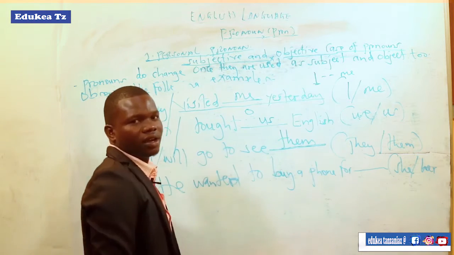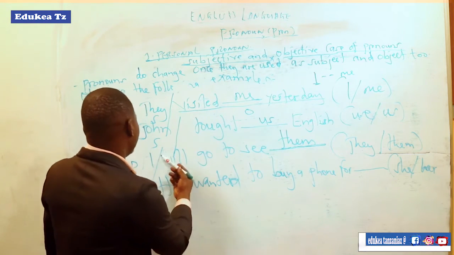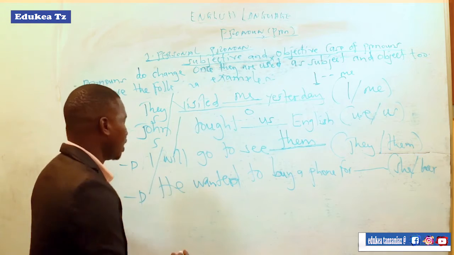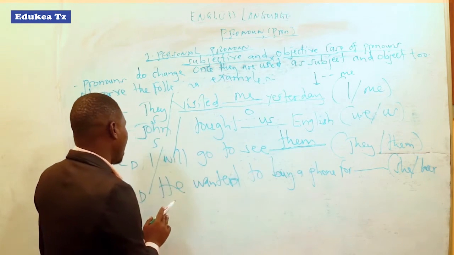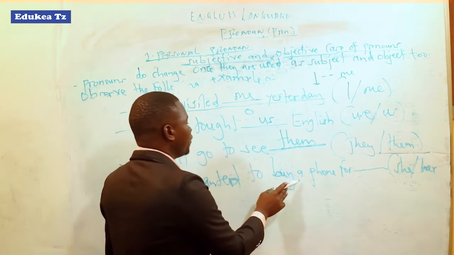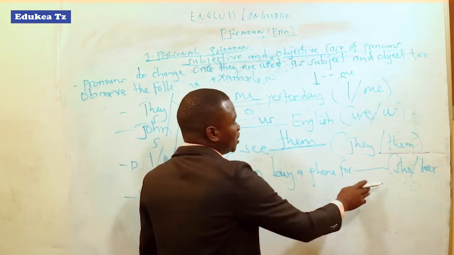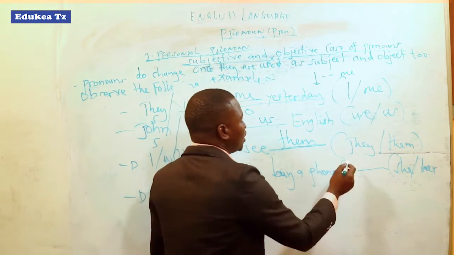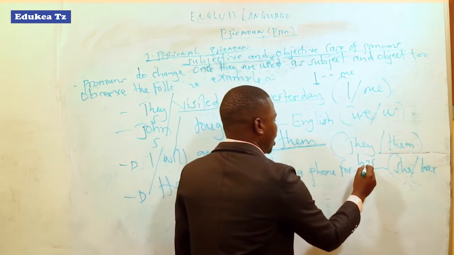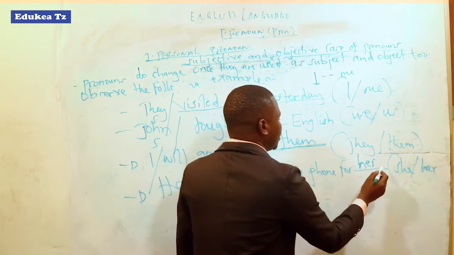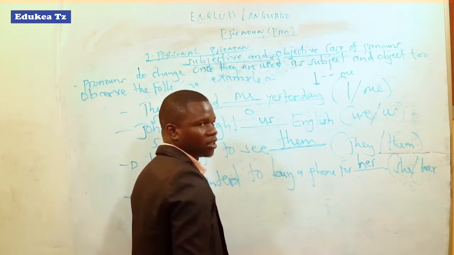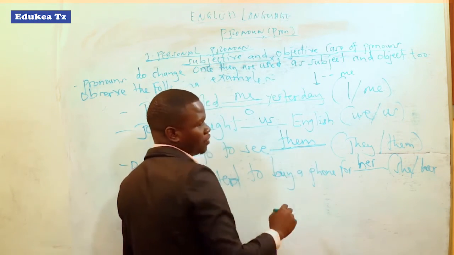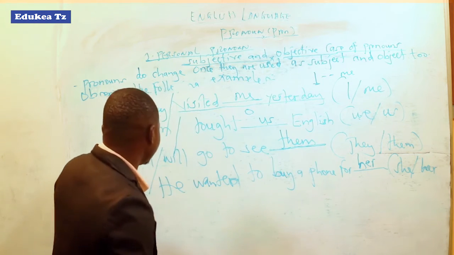Here we can see it is the same case as the sentence, I will go to see dash. He wanted to buy a phone for, is it she or her? Our answer here is her, simply because this she is used as object, in the objective part of a sentence.